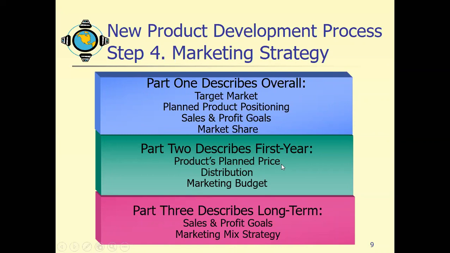All right, so the product's planned price for the first year is very important, and in the first year there are huge costs. Maybe you cannot realize profit in the first year, so you have to set the price very strategically.